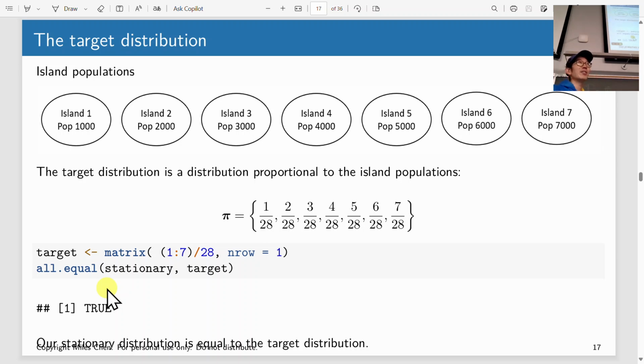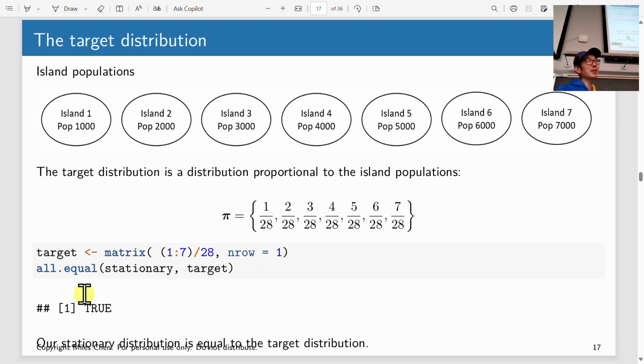So when you test for equality, because of floating point numbers, you don't want to ask is 0.3 equal to 0.3, because of floating point values you'll get false. But all.equal only checks if it's equal up to, I don't know, 7 places of decimal precision or something around there.